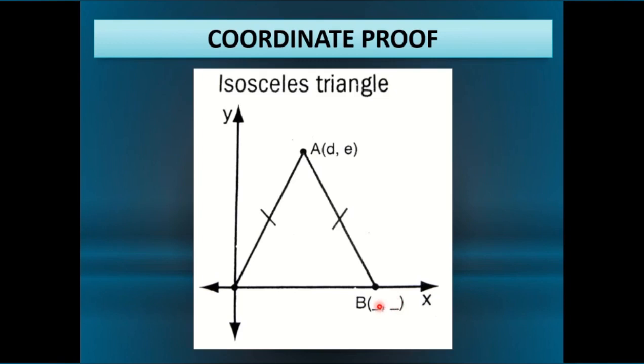And its x-coordinate: knowing that this is point A here, as we draw an imaginary line, this one is point D. This side or this part is equal to this one. So this is D, and D plus another D will become 2D. So the coordinates of point B will be (2D, 0).